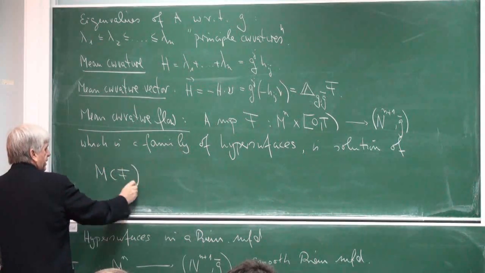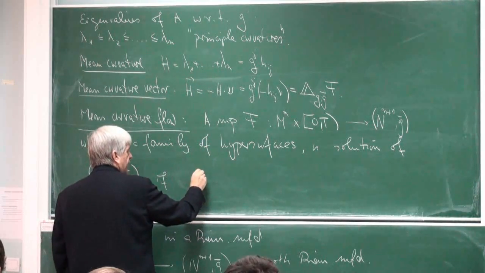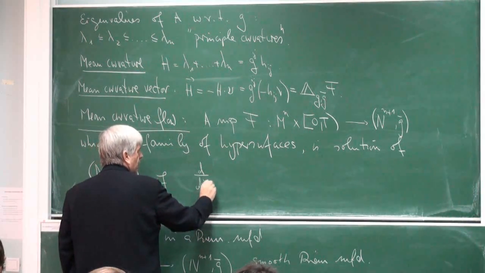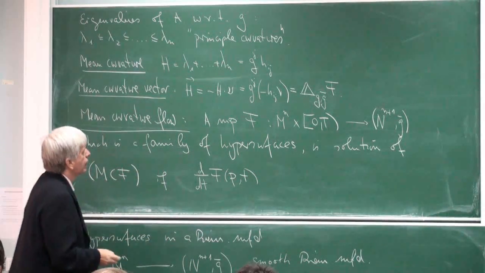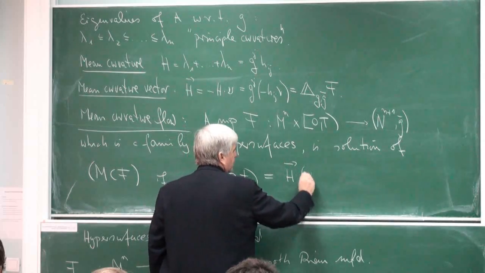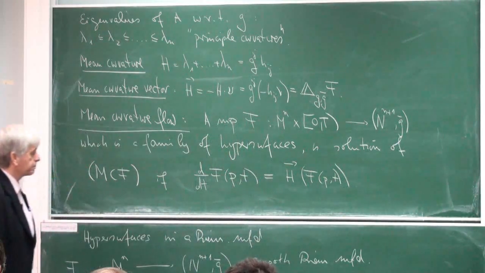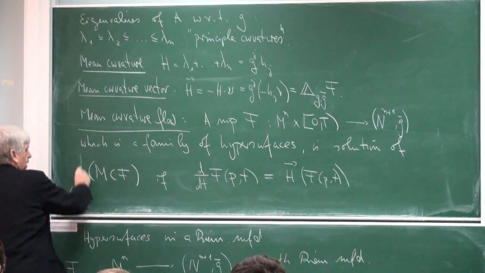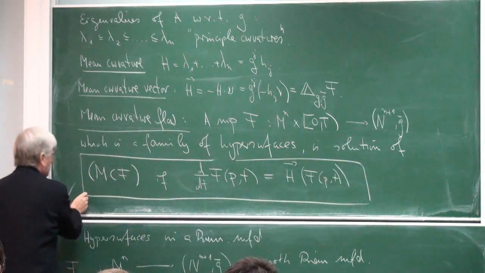Let's write it like this. If we have that ddt of f at each point and time is equal to this mean curvature vector at the target point. Well, this is mean curvature flow. Okay?